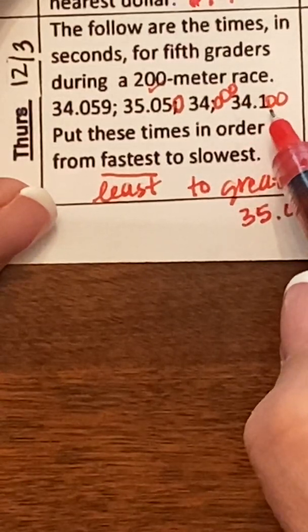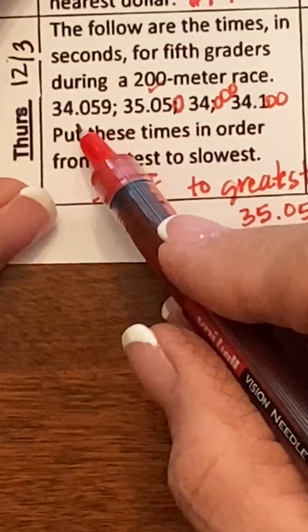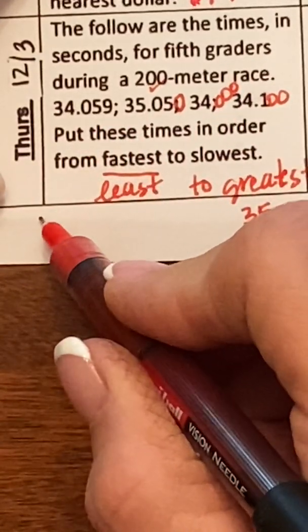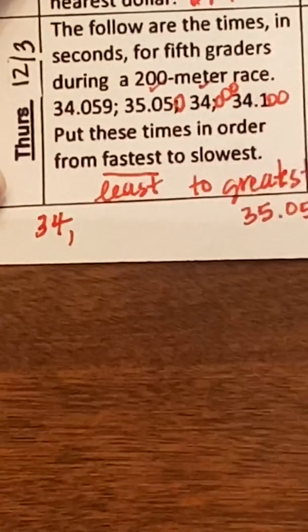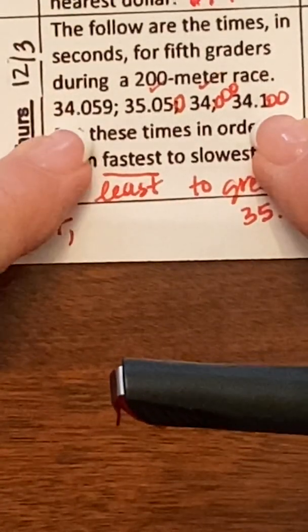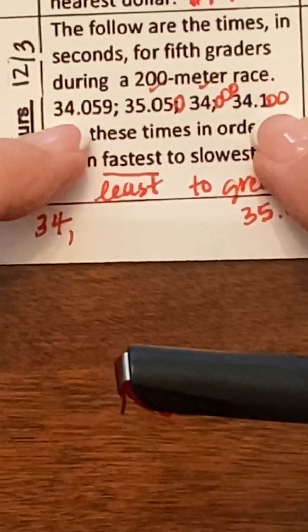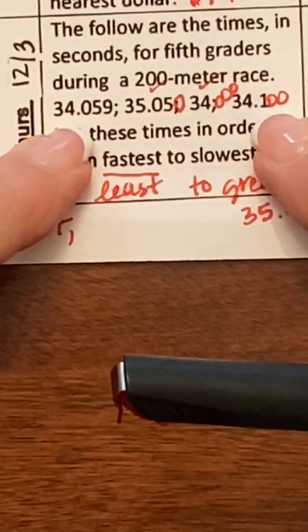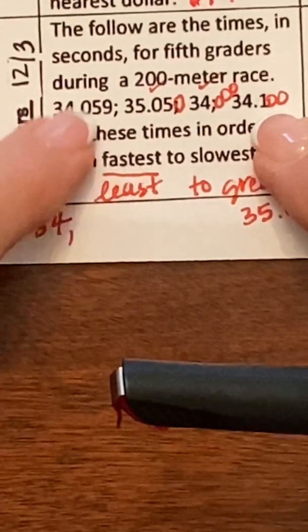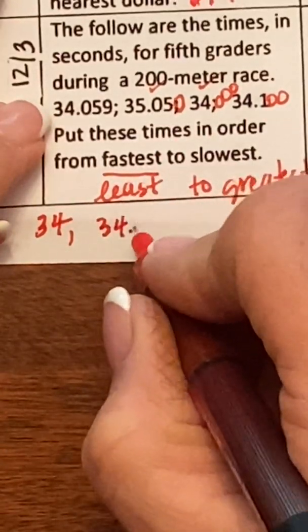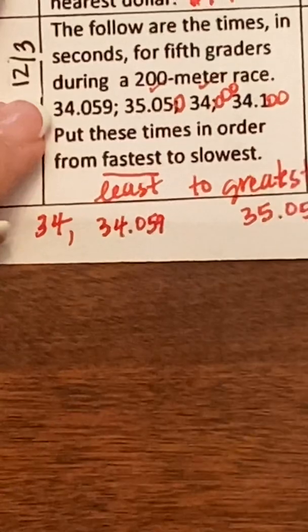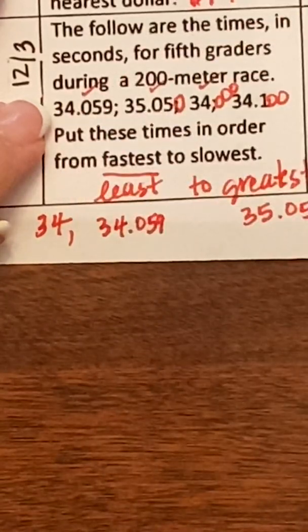We've used that one. Now we're going to look at 34 and 1 back in its original form. 34 and 1/10. Which one is the least? We know it's the one that's 34. Okay, so now we've used that one. Now let's look at this one and this one. What is the least? 59 out of 1,000 or 100? Sure hope you said this one. All right, we've got that one.